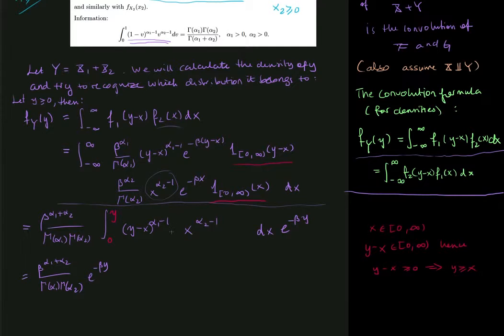However, we do not have this integral because we need a 1 here, and here we have a y. So we need to turn the 1 into a y. And we also need our upper bound to turn into a 1. So how do we do that? Well, first of all, I can notice that if I take y to the alpha 1 minus 1 outside of the parenthesis, then inside the parenthesis, I just have 1 minus x divided by y.